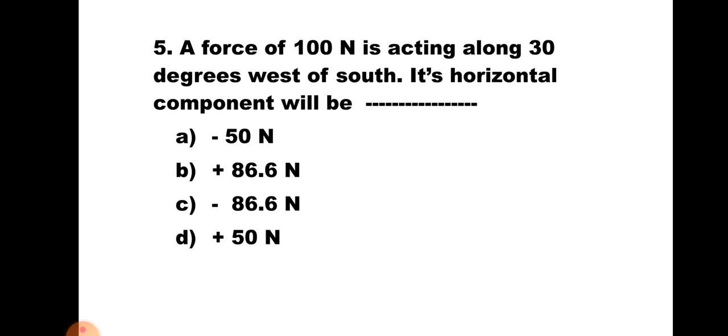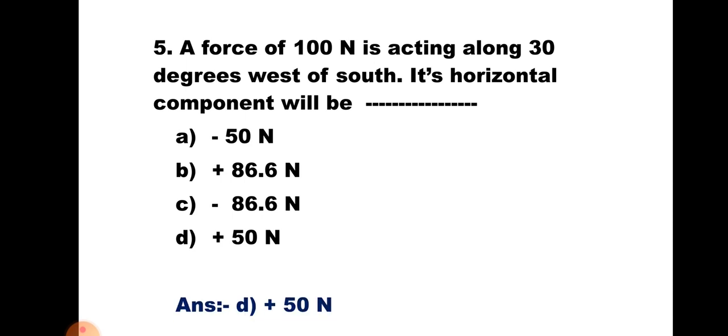Now this 100 Newton force is acting in fourth quadrant. 30 degrees west of south means from south to west, means the angle is made with negative y-axis. Hence its horizontal component will be in fourth quadrant, so it is positive. So plus 100 sine 30 and it will be plus 50. Hence the correct answer is D.